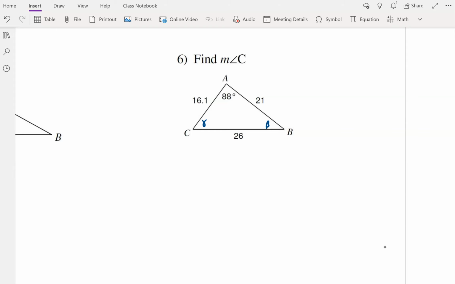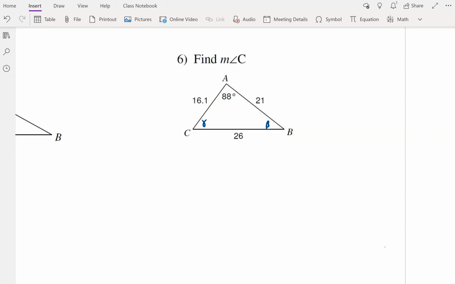That means to get this to be 21, this would have to open wider, if you will, than for this one to be at 16.1. So bigger angles are always opposite bigger sides. And just in general, if you're going to solve for an angle, I would always solve for the biggest one that you can find first. It's just going to help you out later.